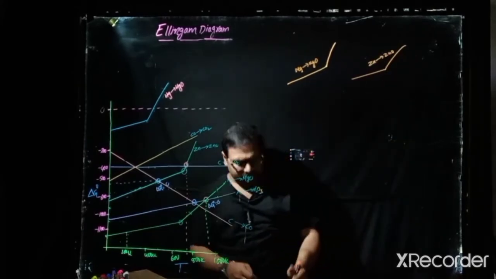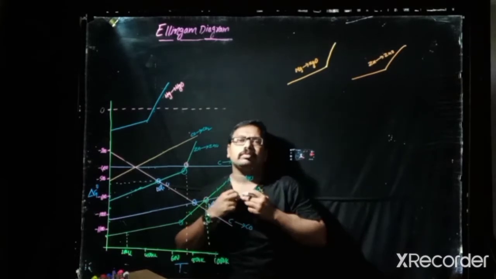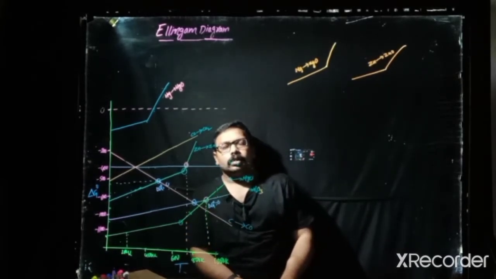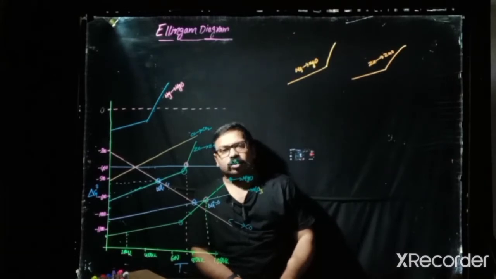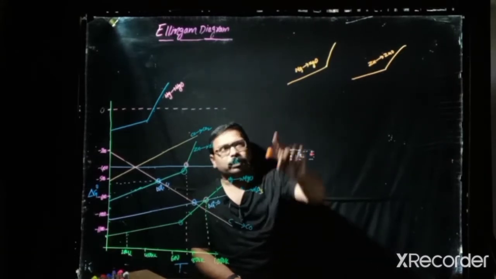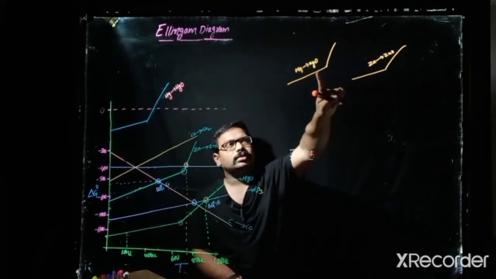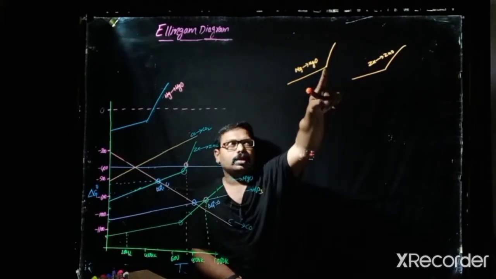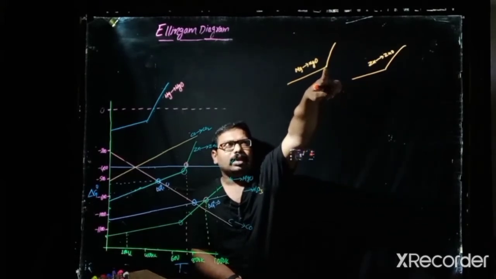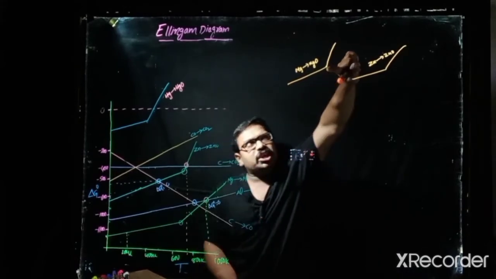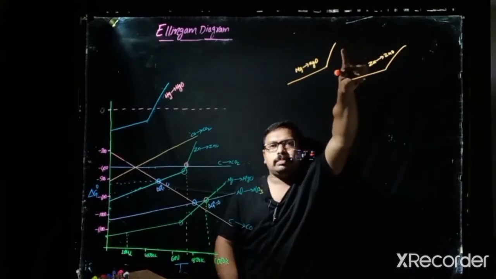So what we understand from this is that during the oxidation of metal, whenever the temperature increases, the entropy change gradually increases. But at this point we observe a sudden change at high temperature.